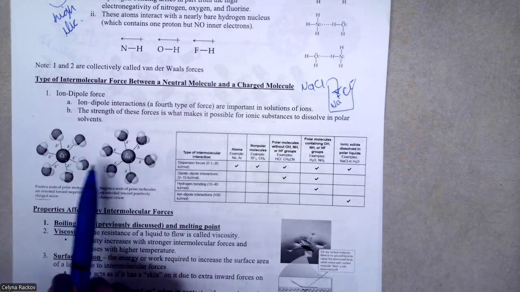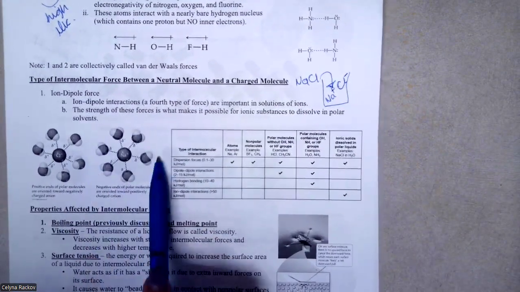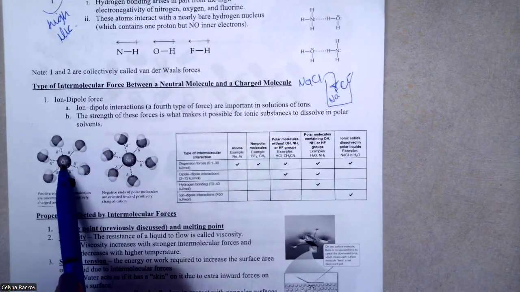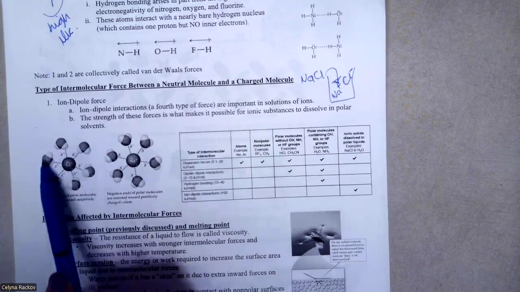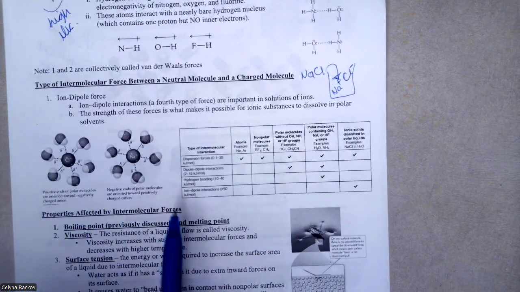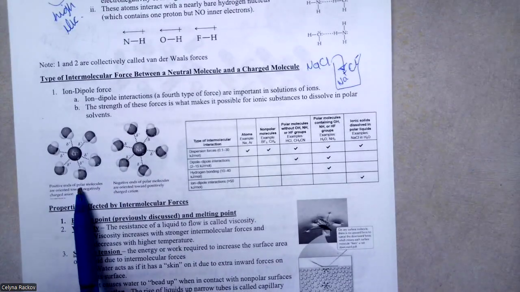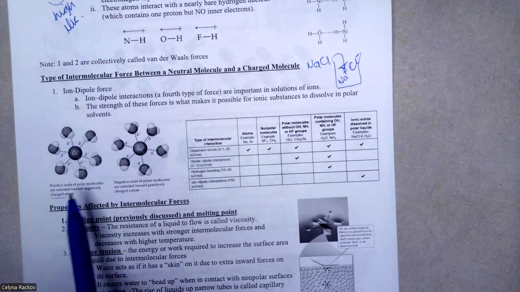So you see here, Na+ surrounded by water, with intermolecular force with water. The same thing with the chloride ion, which has intermolecular forces with the water here. The positive ends of polar molecules are oriented toward the negatively charged atom.